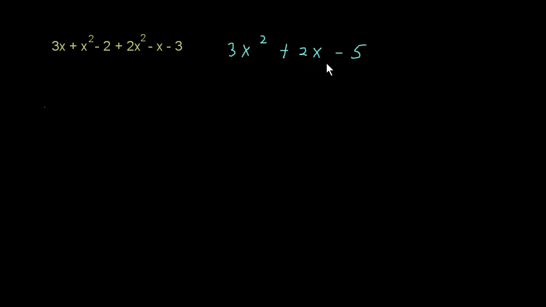If you got 3x squared plus 2x minus 5, you've done a job well done, and you have finished this video. If you didn't get that answer, let's take a look at the like terms here.